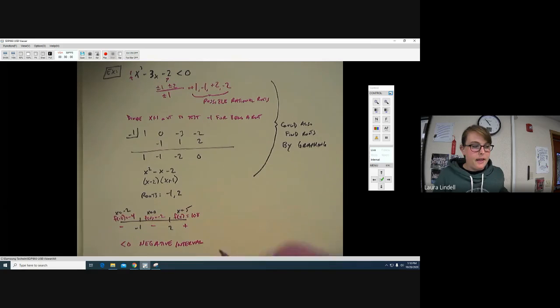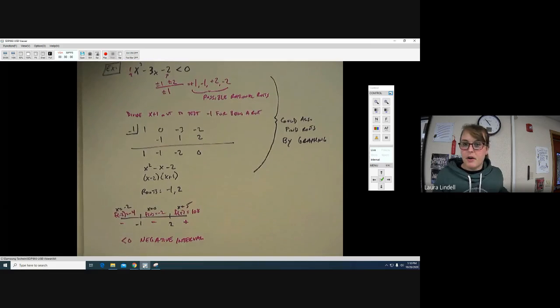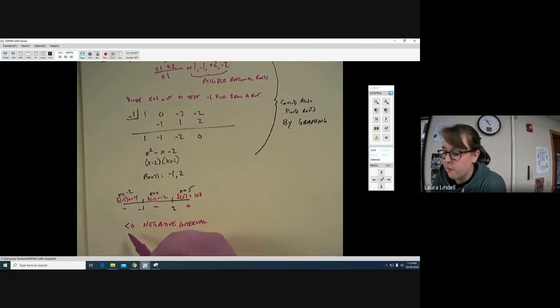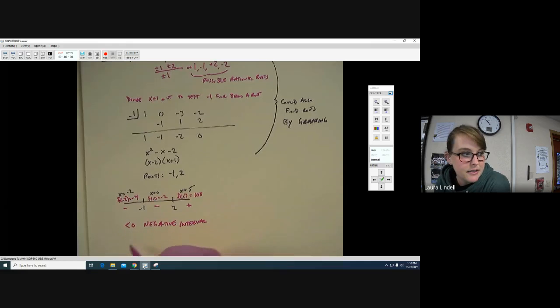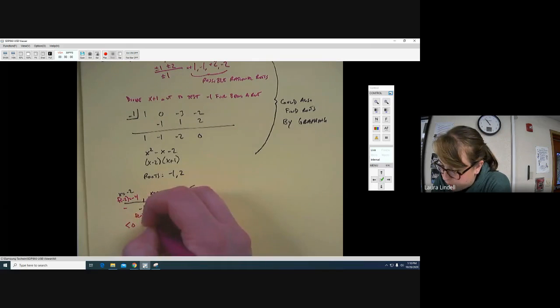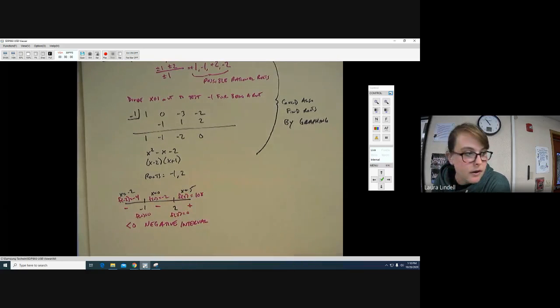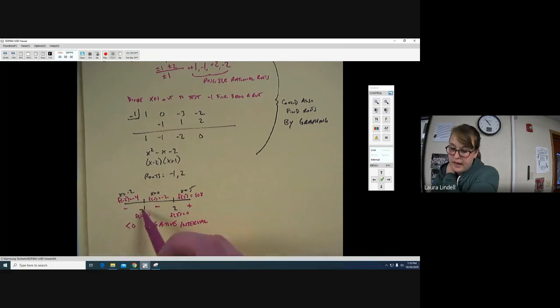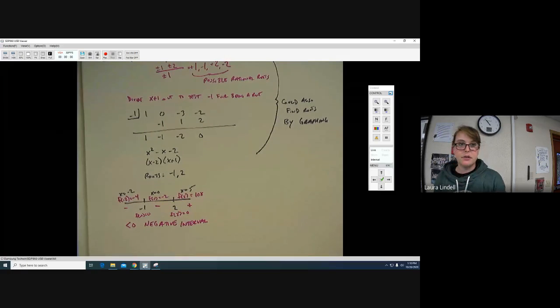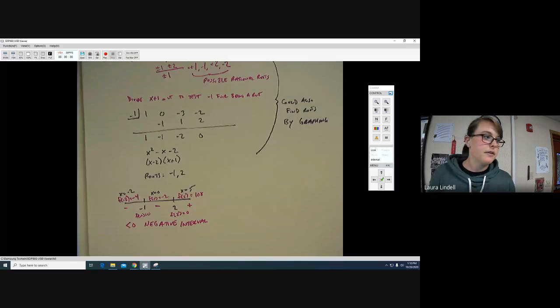All right. And something to note here with this one in particular, we want the negative interval, but it has to be strictly less than 0. At -1, f of -1 is equal to 0. F of 2 is equal to 0. So although these are both negative intervals, I need to exclude -1 and I need to exclude 2 from my intervals.